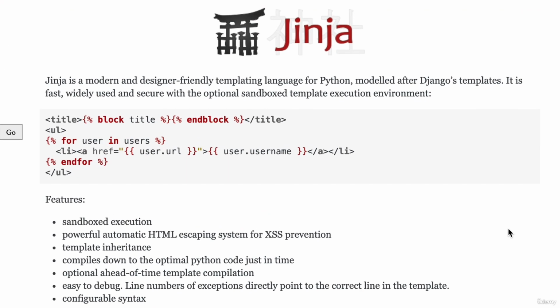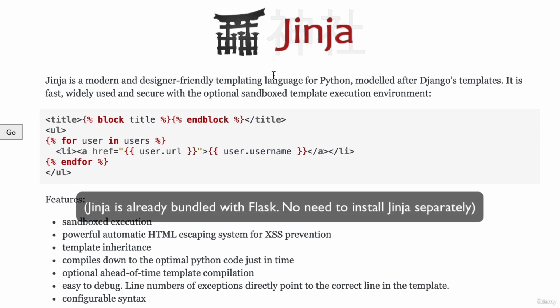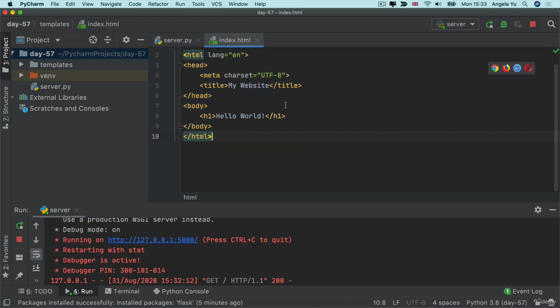The templating language that we're going to use is called Jinja, and this is specific for Python. It allows us to use some syntax like these curly braces, percentage signs, or double curly braces in order to specify inside the HTML file which parts should actually be evaluated as Python code. Let me show you something.